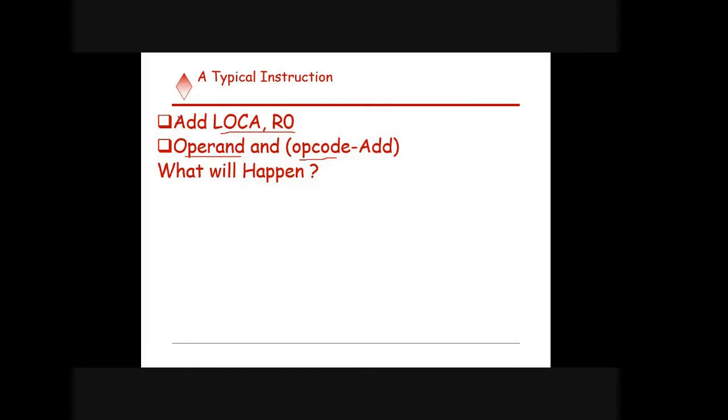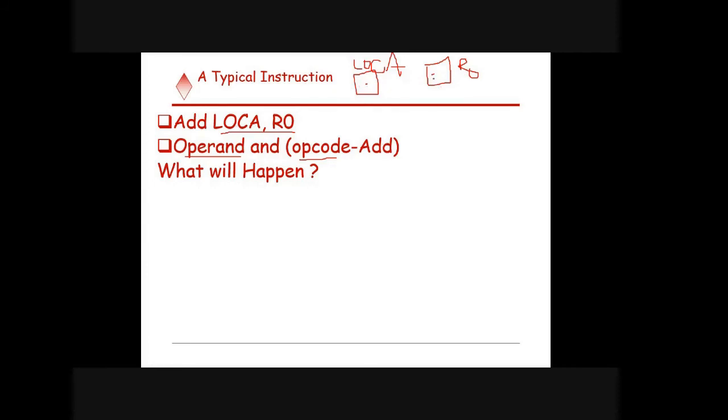The instruction will be doing a task. Anyway, it is addition, that I understood. Certain content will be there in location A, and I am checking the content of R0. I should take the data present in both the locations and add them, I understood.